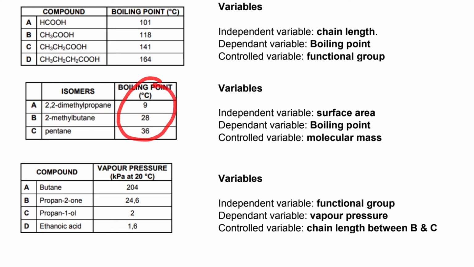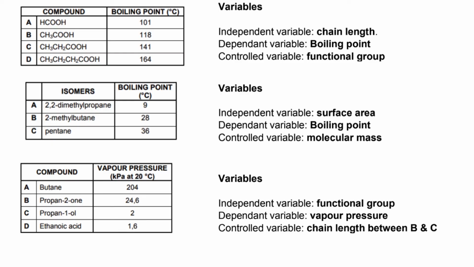So the dependent variable will be the boiling point, and the independent variable here will be the surface area, which is the chain length, which is the branching, and the control variable will be the molecular mass. Their molecular mass is going to be the same because they are isomers. If you remember, isomers have the same molecular mass.